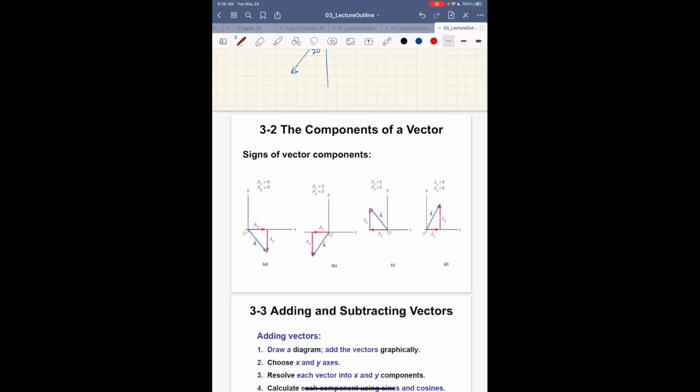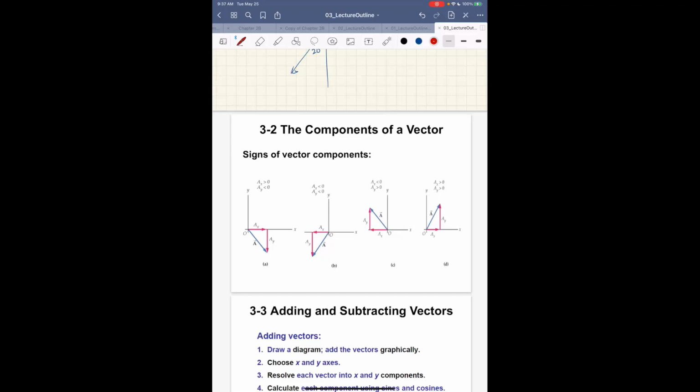In B, AX is negative and AY is negative, and this is when it is in the third quadrant. The previous one, A, is when the vector is in the fourth. And for the second quadrant, of course, X is going to be negative and Y is going to be positive.